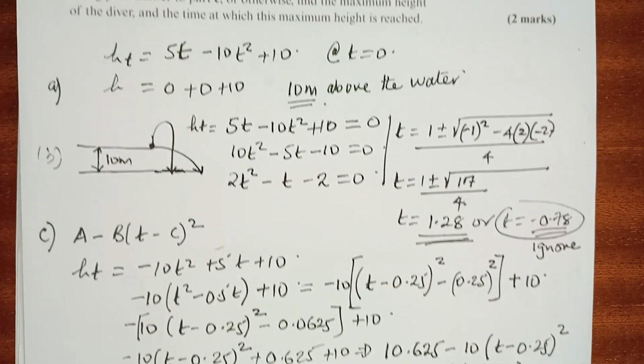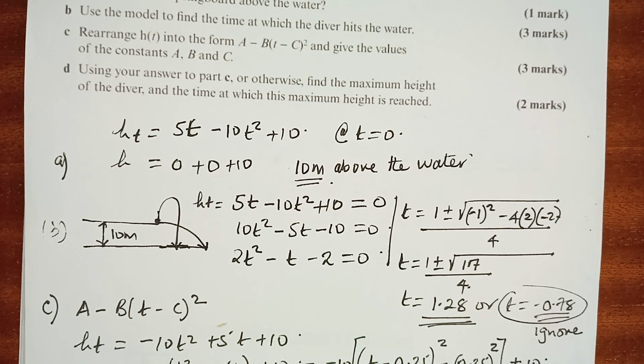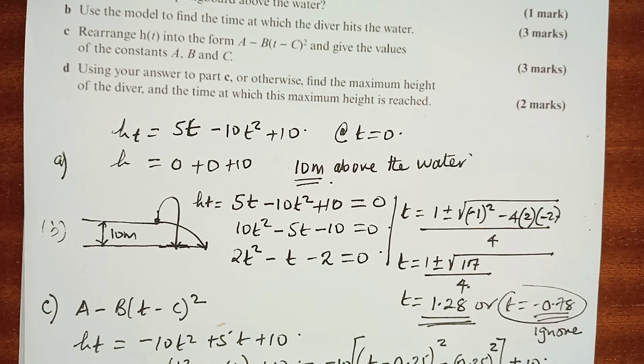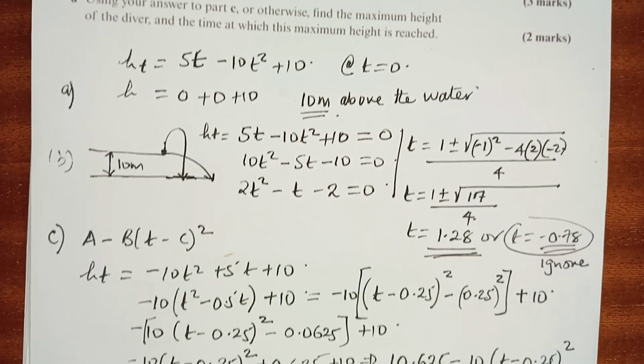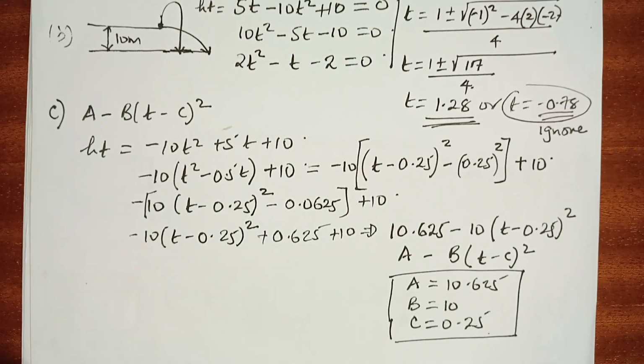The final part of the question is asking us, using your answer in part C or otherwise, find the maximum height of the diver and the time at which this maximum height is reached. Find the maximum height of the diver and the time when this height was reached.